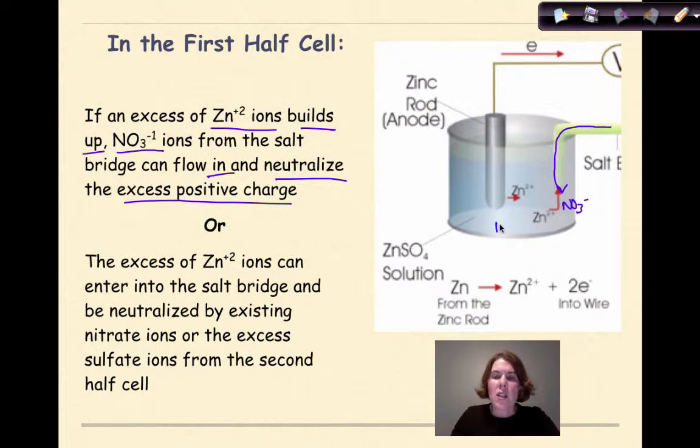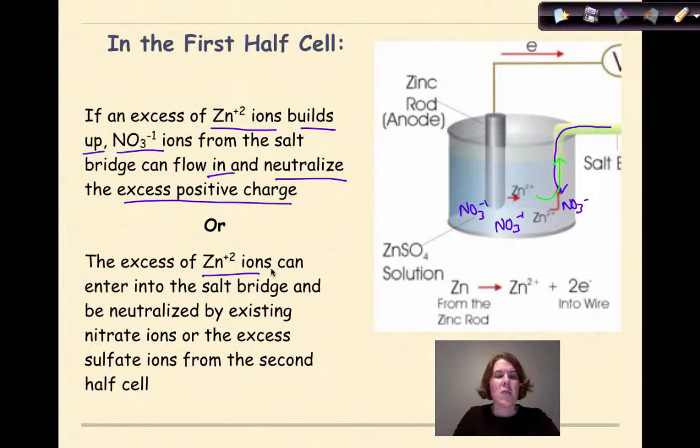So the nitrate ions can basically come in and neutralize whatever positive charge is here. Or another way is that the Zn+2 ions can actually flow, let's change our color here, they can actually flow into the salt bridge, get pulled out, and also help with neutralizing the half cell.